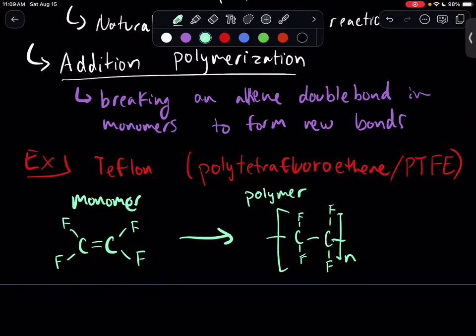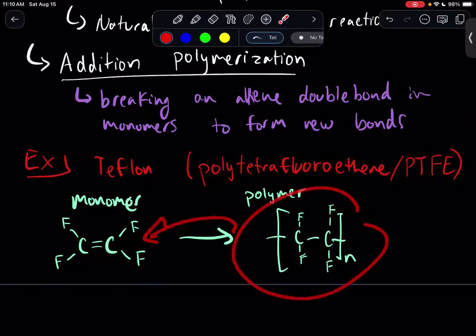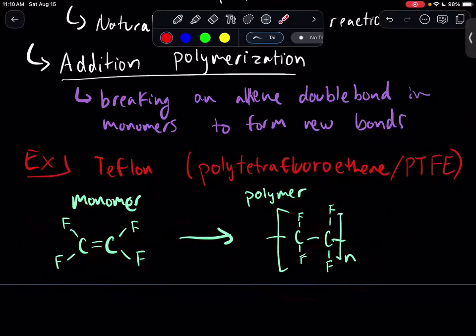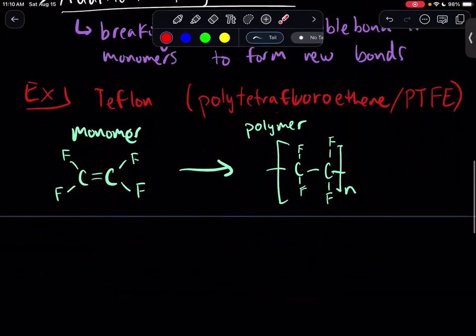And we can really just convert between one and the other by just changing this bond in the middle from a single bond to a double bond or double bond to a single bond. And this is why all of these are enes, because they come from the alkene monomer, because we need that double bond to break and form into the bonds that go to each other part of the chain.